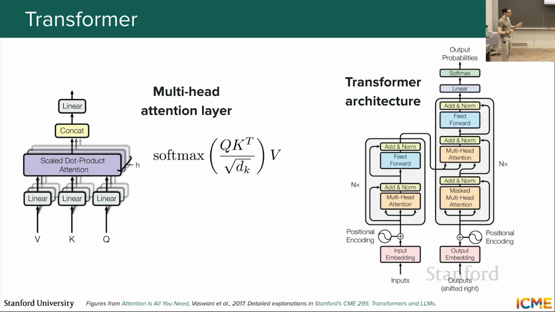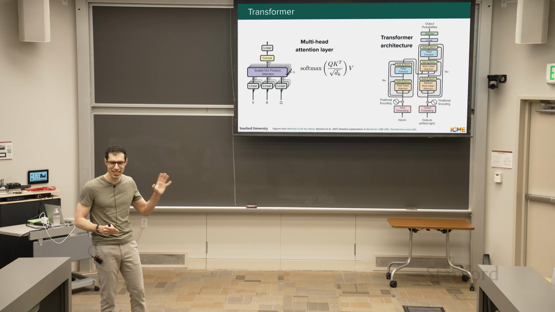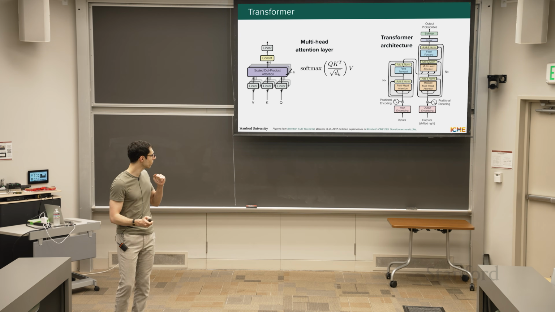What I told you also happens to be very nicely represented mathematically, so very tractable computationally with the hardware that we have today. You may have seen the formula softmax of Q times key transpose over some normalizing constant, times V. That is the self-attention operation, just in matrix form.